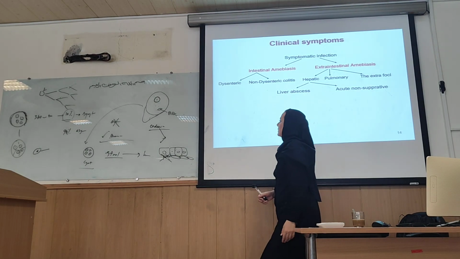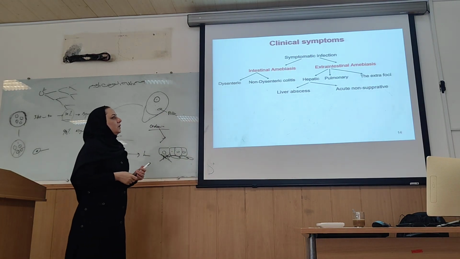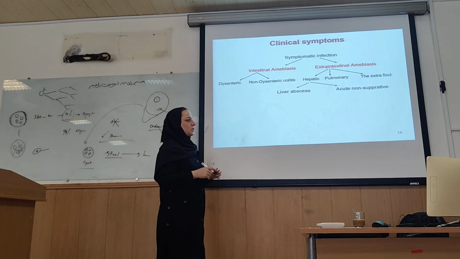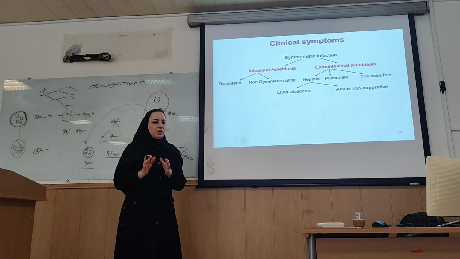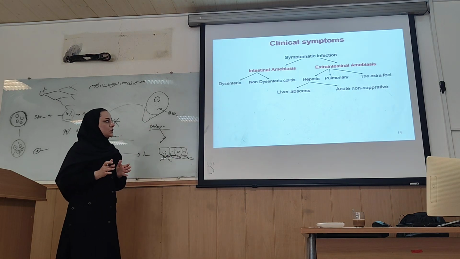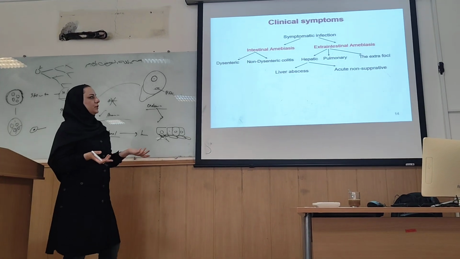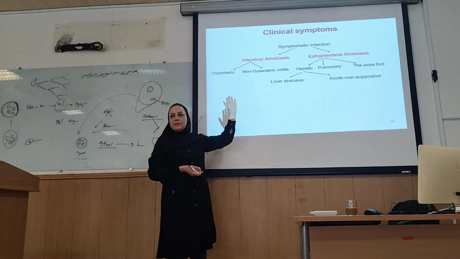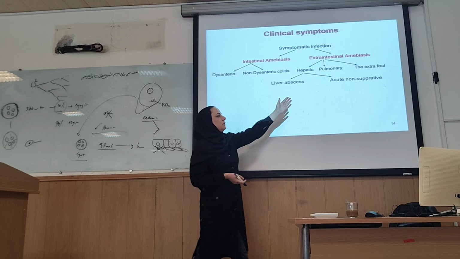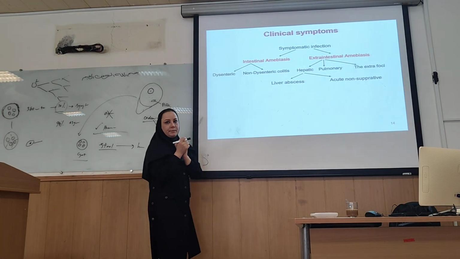About the clinical symptoms, I told you that we have some cyst passers who don't have any symptoms. We call them asymptomatic. In the other situation, we have symptomatic infection. In some people we have intestinal, in some people extraintestinal, and sometimes both may happen.